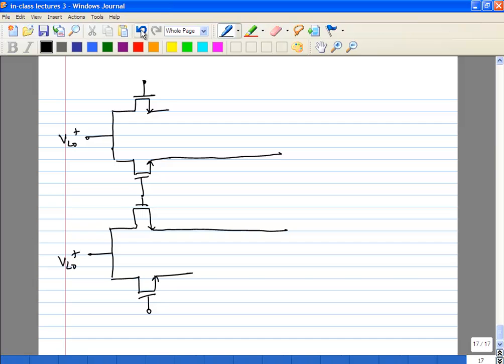Sorry, VLO minus. This is VRF plus. This is also VRF plus. This is VRF minus. Okay, and I'm going to cross connect these two guys.